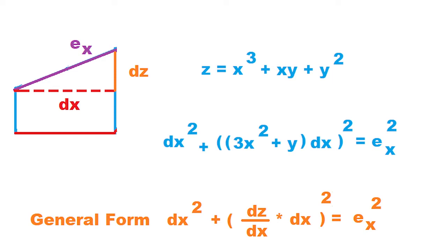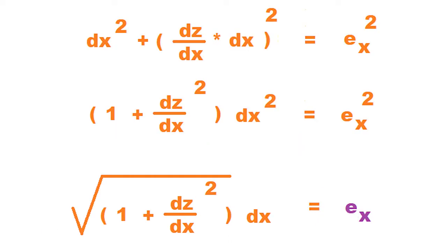Formally, this is dx squared plus (3x squared plus y)dx squared equals ex squared. But more generally, this is dx squared plus (dz over dx times dx) squared equals ex squared.